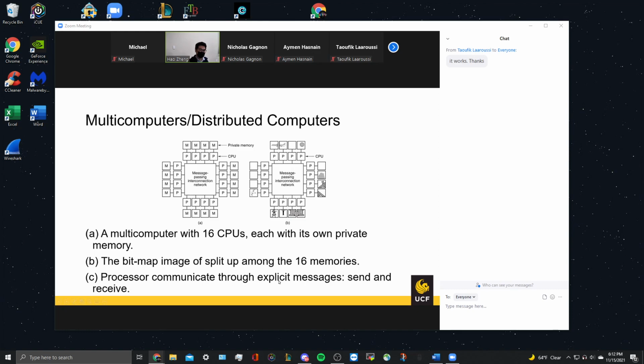The processes communicate through explicit message send and receive. So what does it mean? They are not sharing the same memory system, which means each processor cannot access others' memories. So in such a case, we can only communicate through explicit message send and receive.